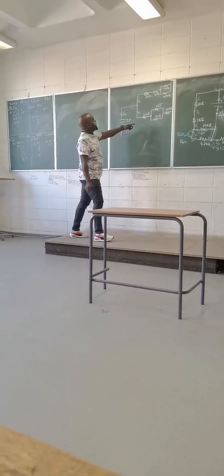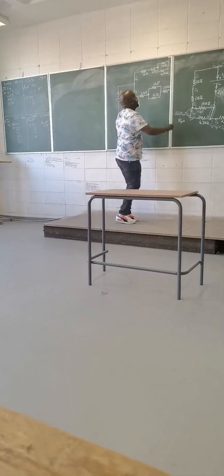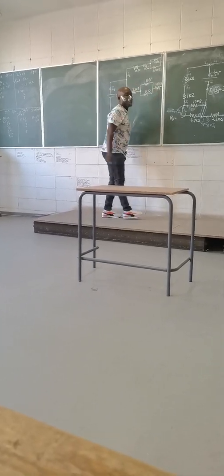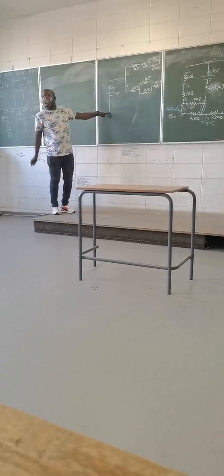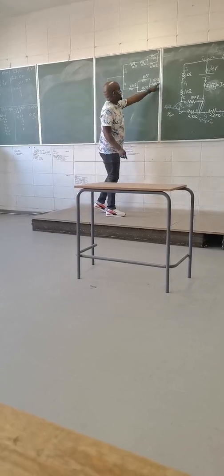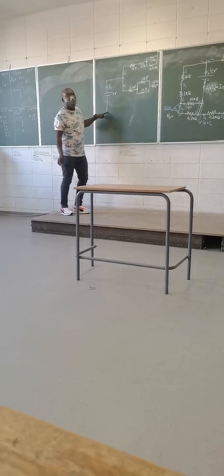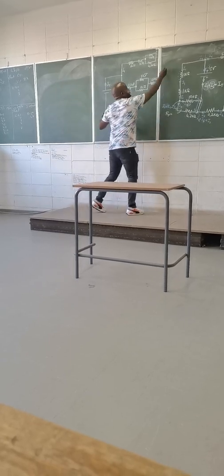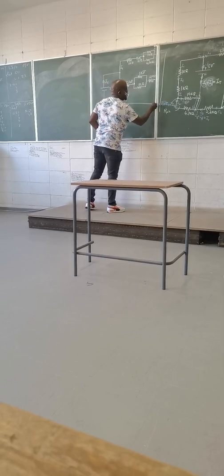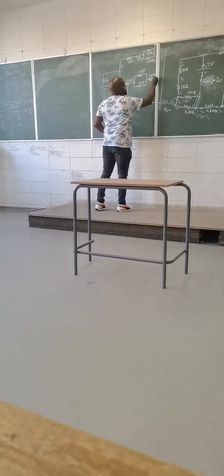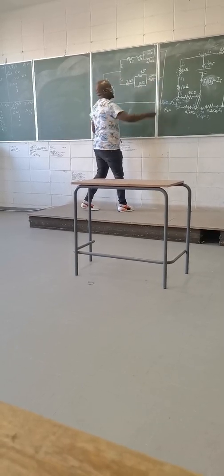Now, after these, where is this connected to? Back to the source, isn't it? Which means the combination of these two comes back to that one there, so that one goes there, that one goes there.